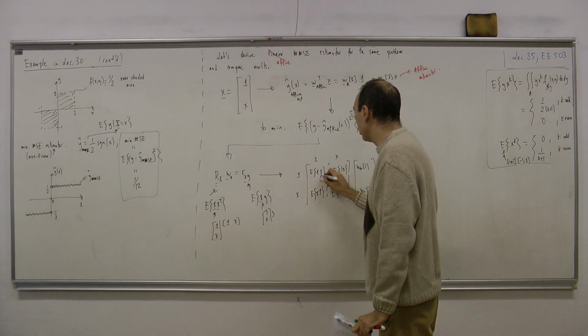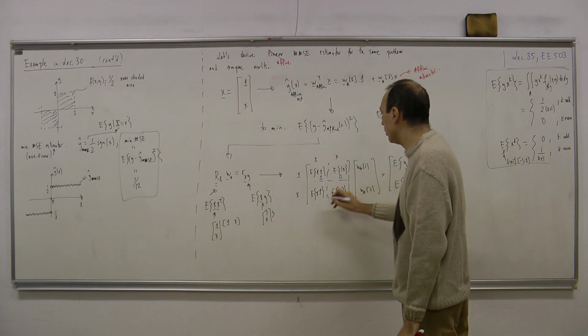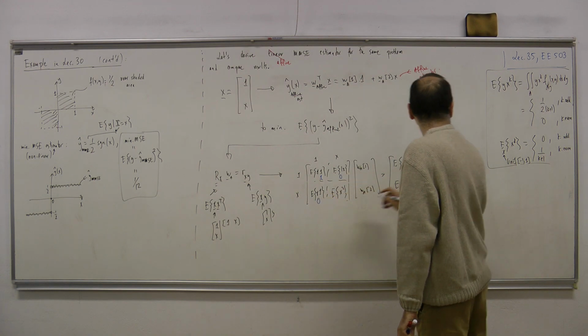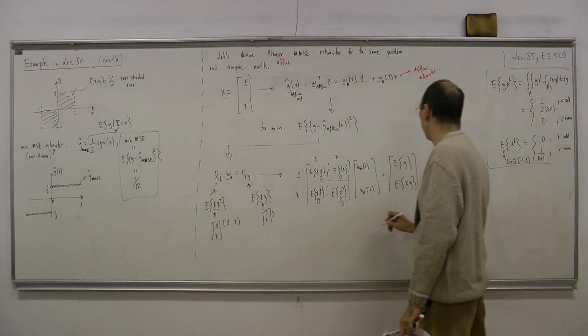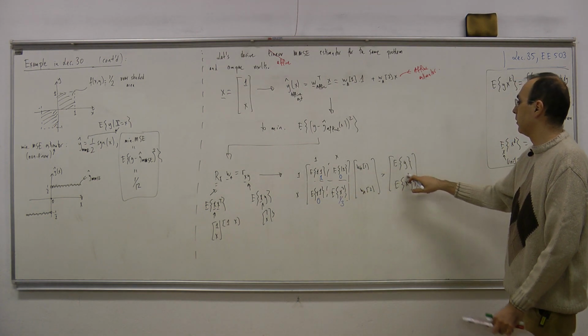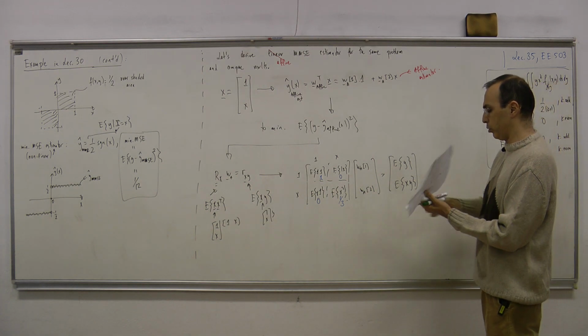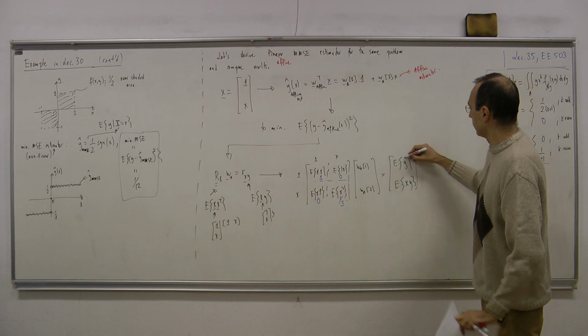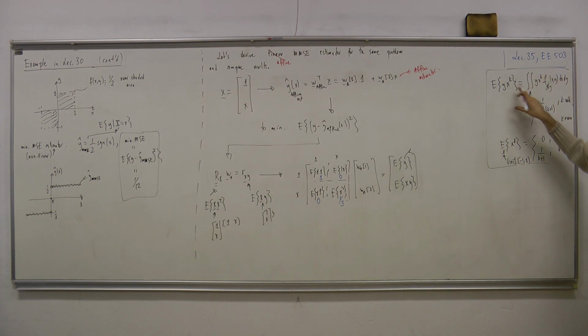So this part is equal to 1. Expected value of x. This is equal to 0. Expected value of x square. So this is equal to 1 over 3. Expected value of y. Wow. That is also equal to, well, this is k to the power 0.